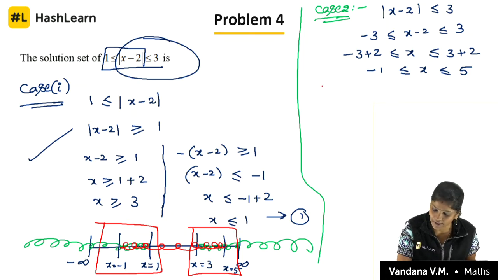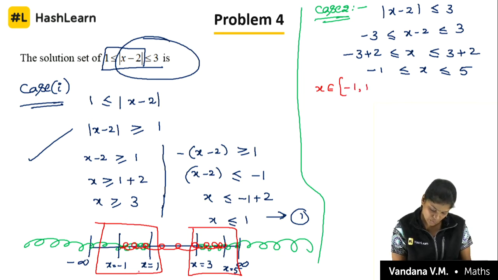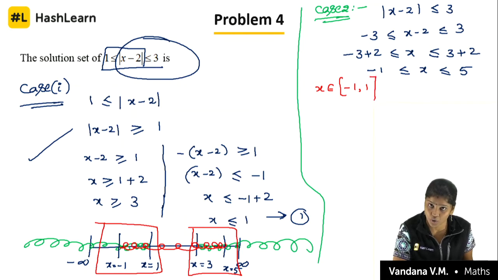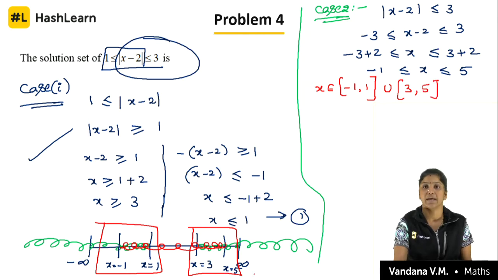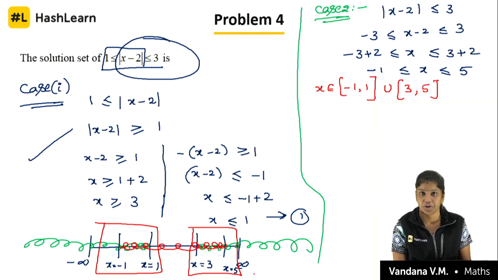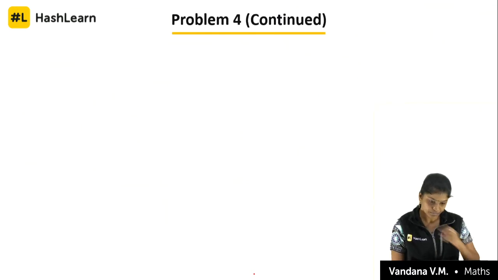Now how to write the value? So x belongs to minus 1 to plus 1, the equal to symbol is there, so it must be a closed interval, union the closed interval 3 to 5, by taking both equations 1 and 2. Clear to you? Yes. So let us go for the next question. Here goes your next question.